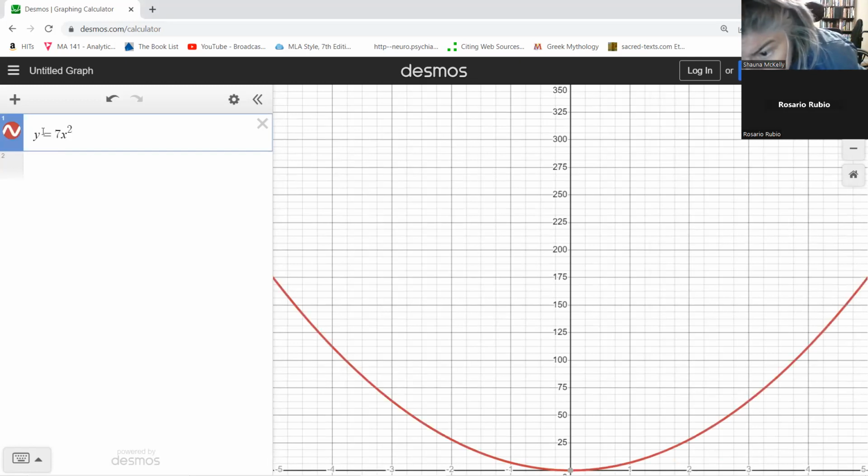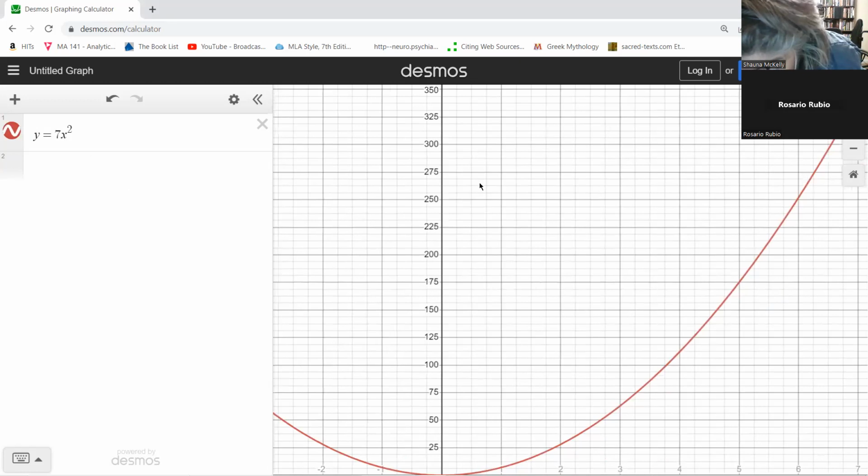Now we're actually looking at the graph from 0 to 5. I'm going to move this over because I don't care about the right-hand side right now.